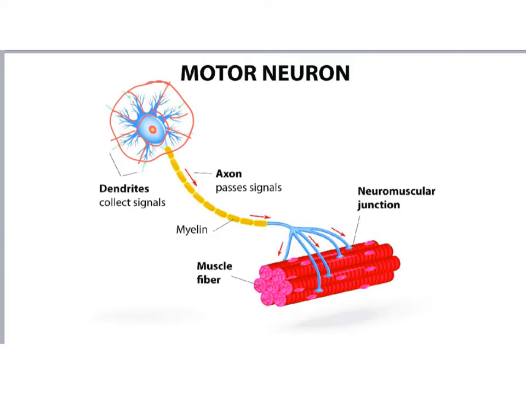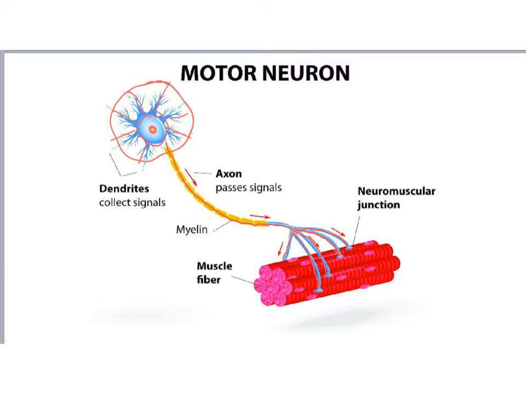And it's sending that information along the axon, right? And this will be one motor unit because we have one axon, one motor neuron, and all of these muscle fibers are being activated by this one motor neuron. So one motor neuron and all of the muscle fibers it stimulates would be one motor unit.